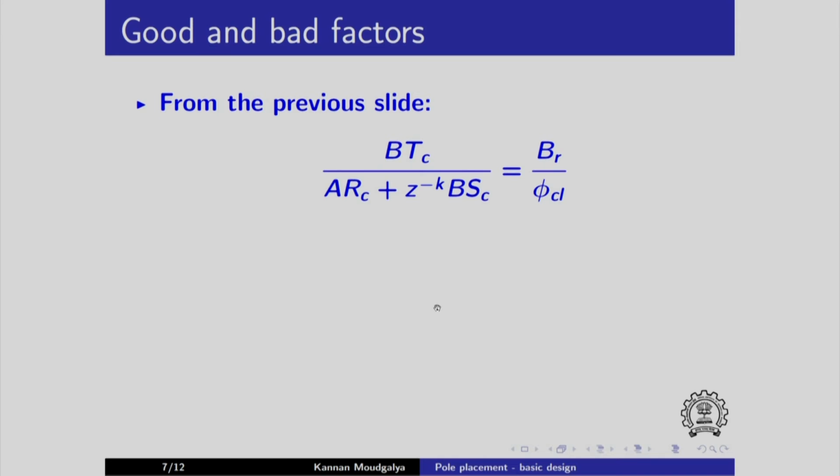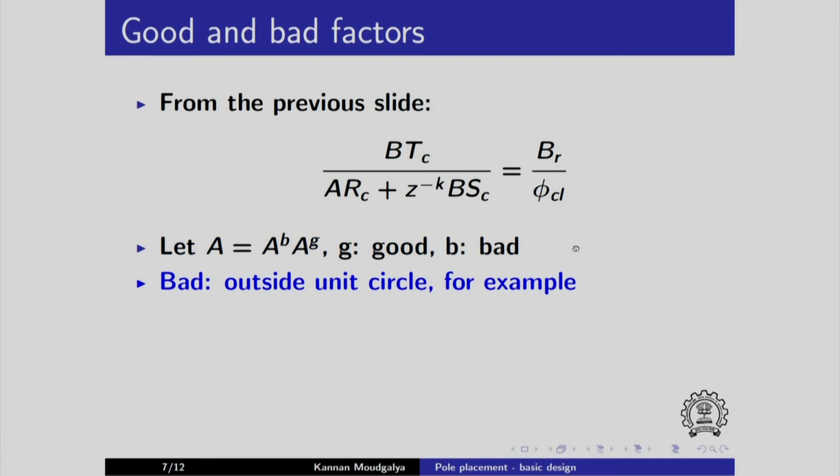So now we will introduce the notion of good and bad factors. This is the equation we had in the previous slide. Now let us factor this polynomial A into bad and good factors. I have the superscript B to denote bad and G to denote good. What is bad?